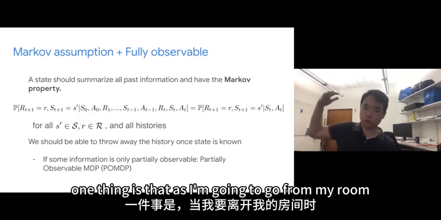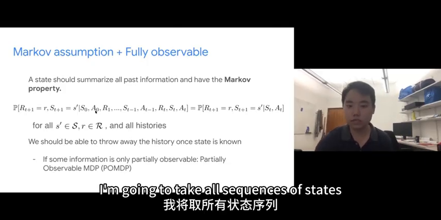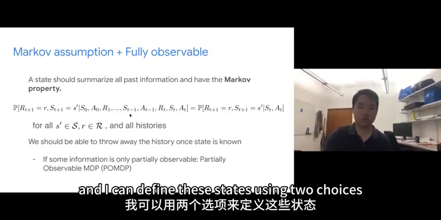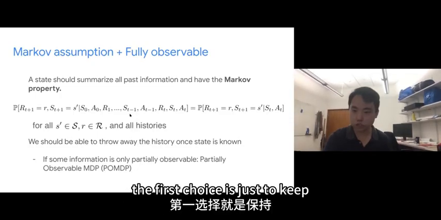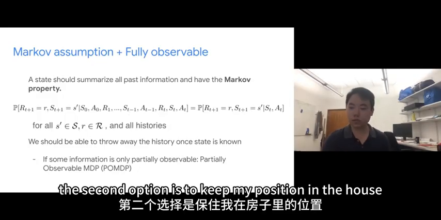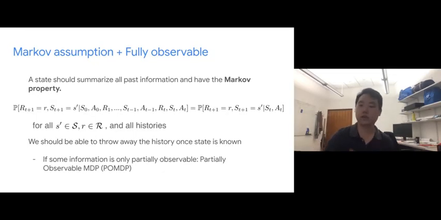As I go from my room upstairs down into the kitchen, I take all sequences of states that I'm currently observing, and I can define these states using 2 choices. The first choice is just to keep my position in the house. The second option is to keep my position in the house, and I always append this natural language instruction behind it, that I should go to the kitchen and get an apple.